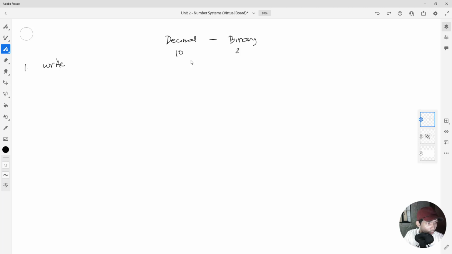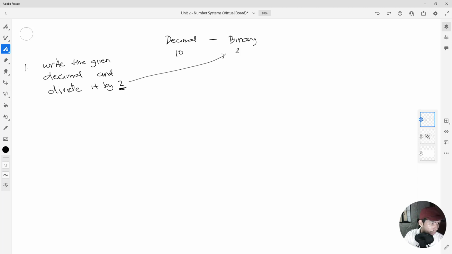Then, write the given decimal and divide it by 2. Bakit i-divide natin siya sa 2? Kasi ang kukunin natin is binary. Okay? So that is step 1.